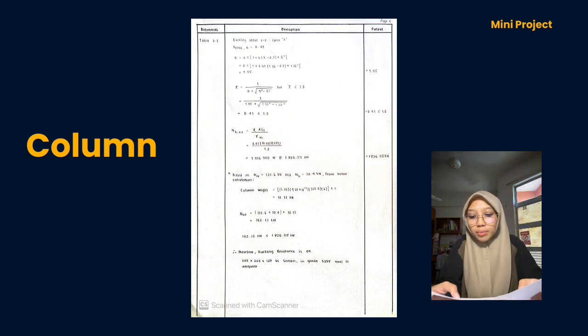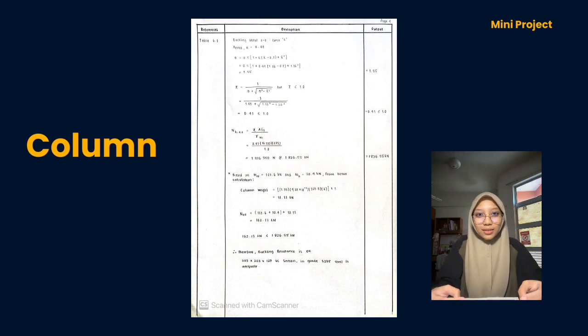So our NbRd equal to 1,826.55 kilonewton. Based on MEd and MA from the beam calculation, our column weight is 10.13 kilonewton. NEd equal to 162.13 kilonewton, which is less than our column weight.